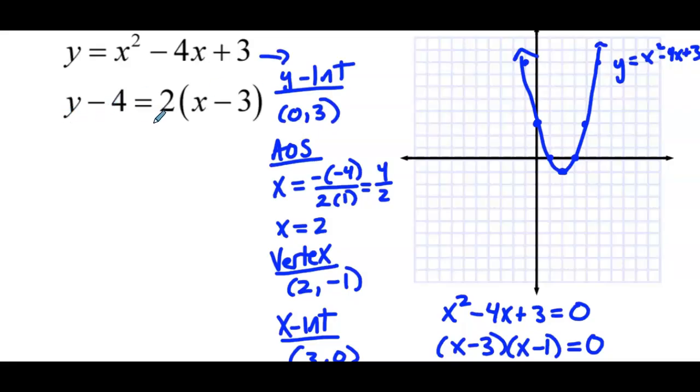And then we have y minus 4 equals 2 times the quantity x minus 3, which is in point-slope form. So the slope is 2, and the point on that line is 3, 4. So we'll plot the point 3, 4, and use a slope of 2. And we'll use the line tool to connect our points.